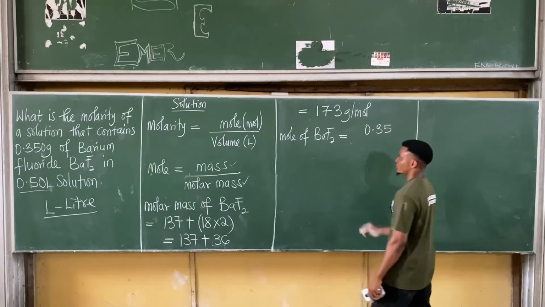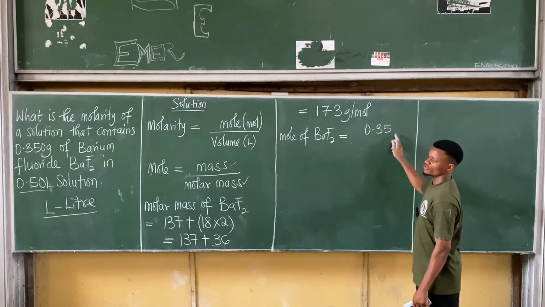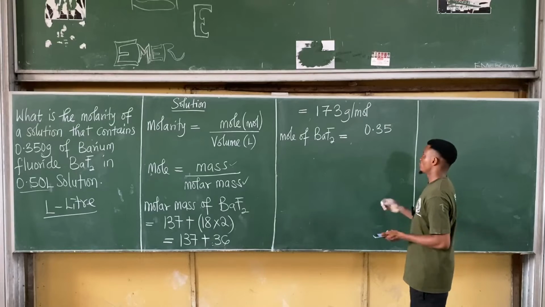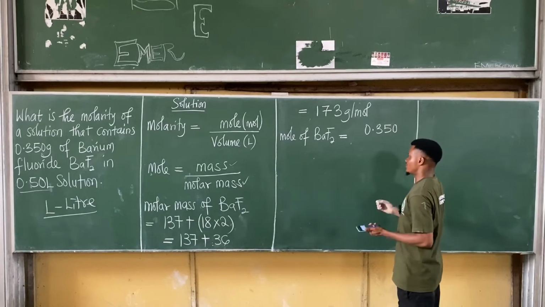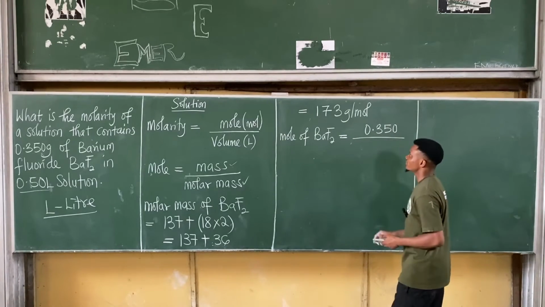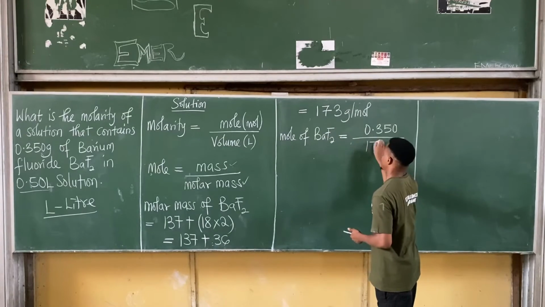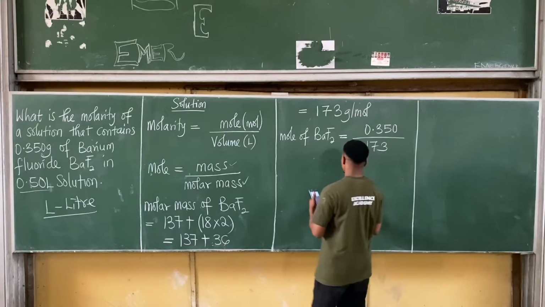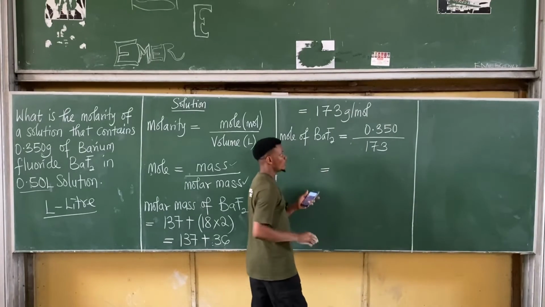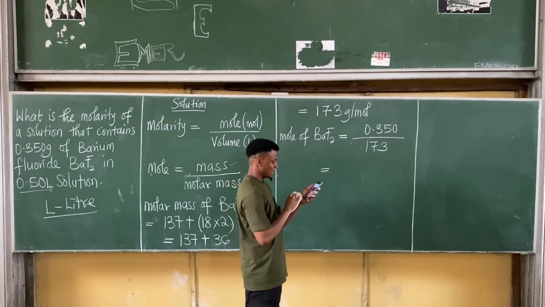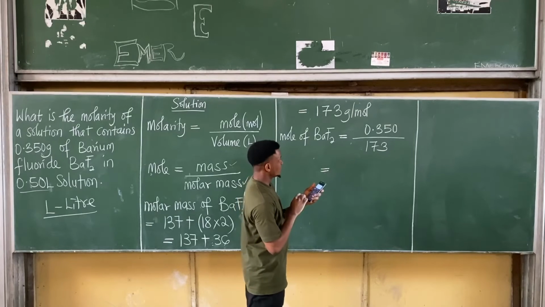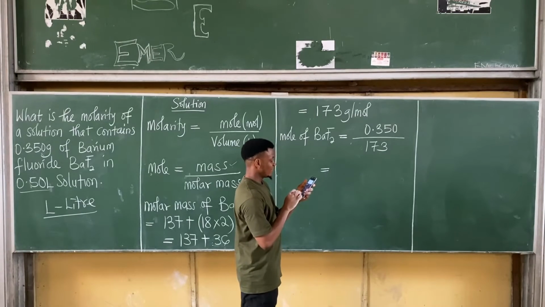You can choose to write just 0.35 and ignore the last zero, which is correct, or you could still add the zero, still the same thing. All over the molar mass of this compound, which we just calculated as 173.